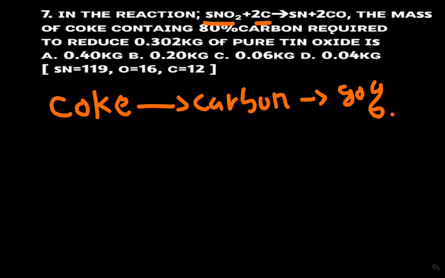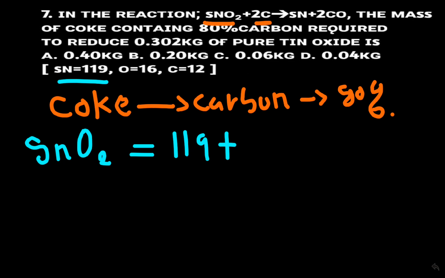We calculate the molar mass of tin oxide. So tin oxide, SnO2. SnO2 is actually tin. From here, tin is 119, right?